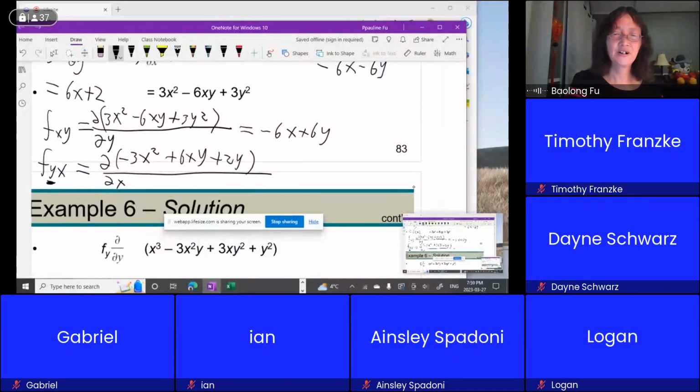Okay. So only take derivative for x, y is constant. So it goes 6x. Okay, those are the second derivatives.